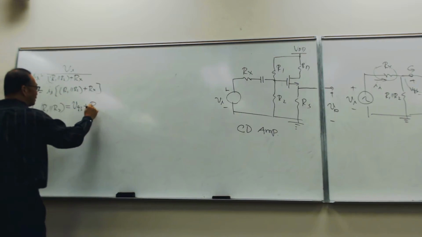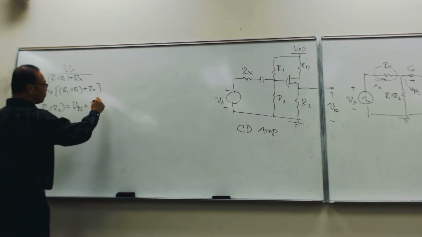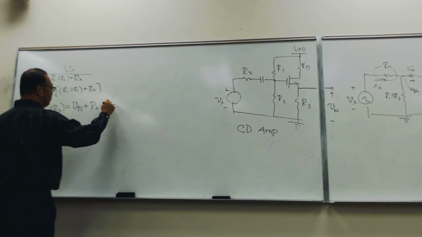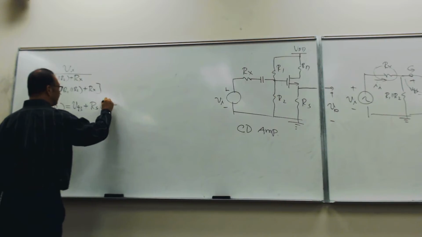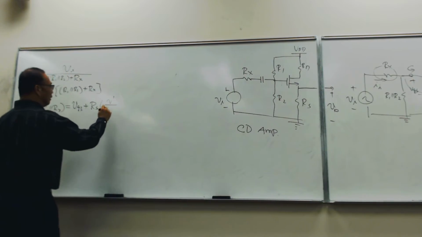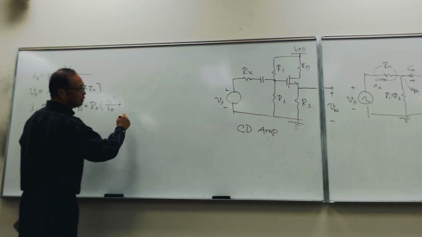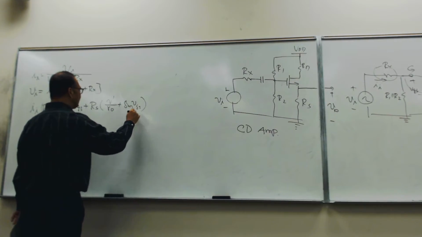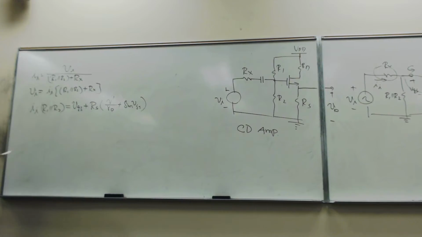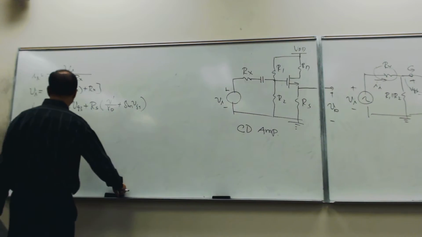So V sub O is R sub S times V prime over R sub O plus gm VGS. Now I think it's better to do the following, okay?